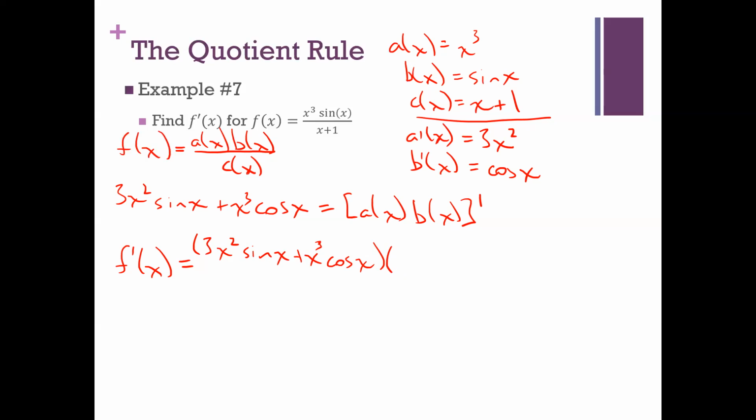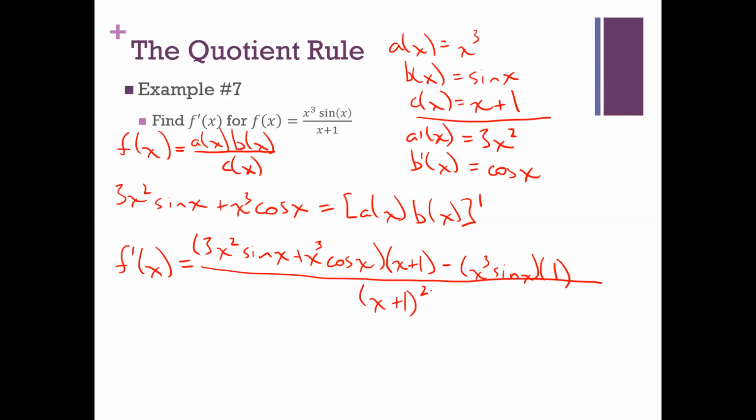So derivative of the numerator times the denominator minus what? x cubed sine x times just d1, right? Where's that 1 come from? The derivative of the c function. All of that divided by x plus 1 squared, not 1 squared, x plus 1 squared. Very good.